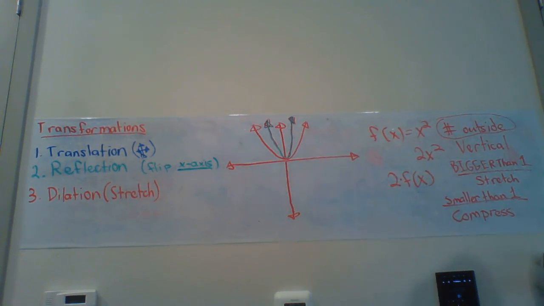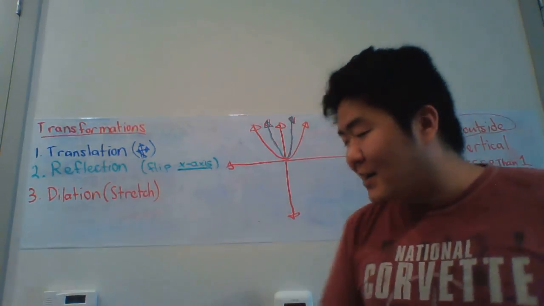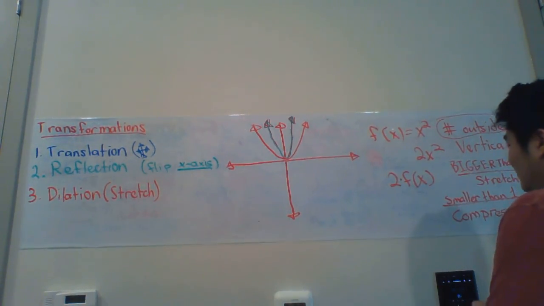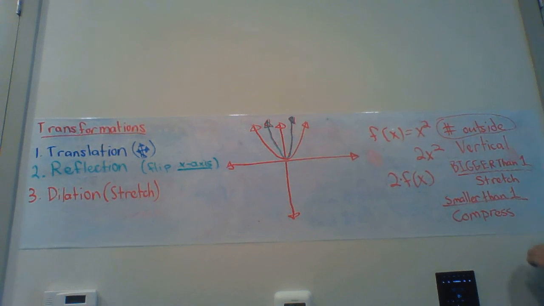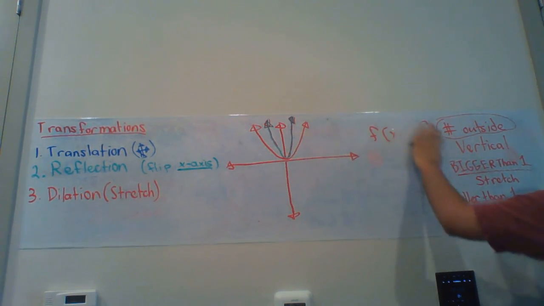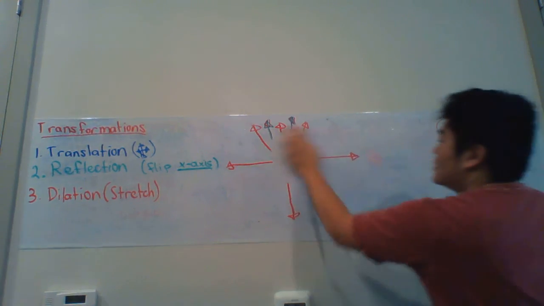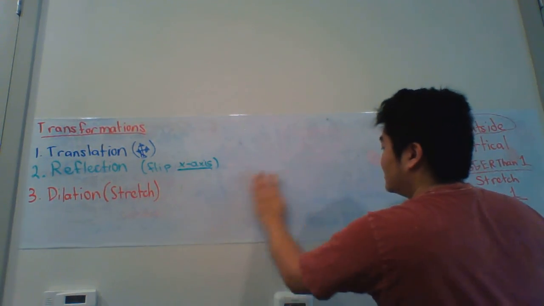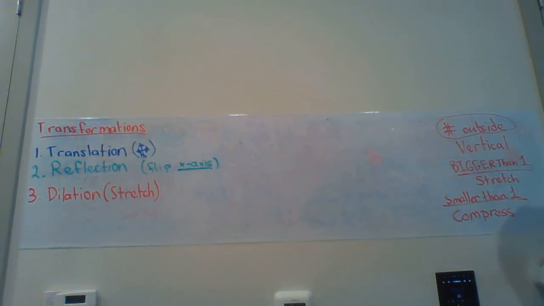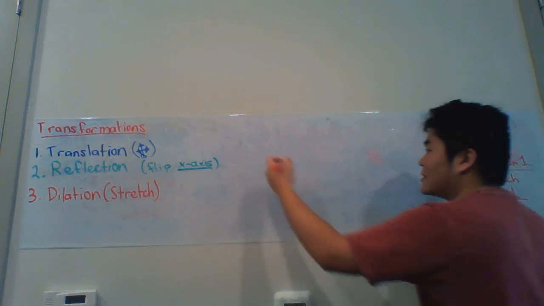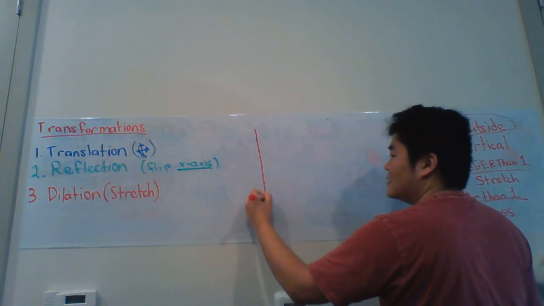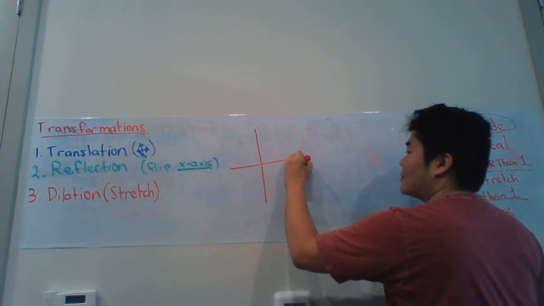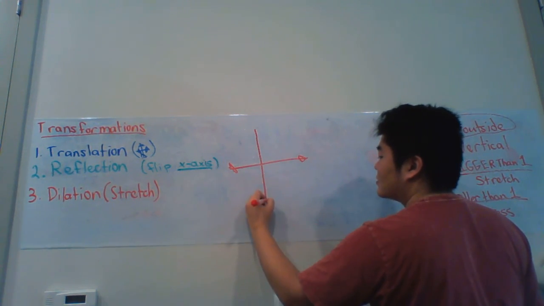So let's take a look at what if the number was on the inside of the parentheses. I kind of want to erase it, I kind of don't, but I need some space. I'll leave this up here for a second. Well, I talked about vertically stretching, so naturally, I'm going to talk about horizontal stretching.